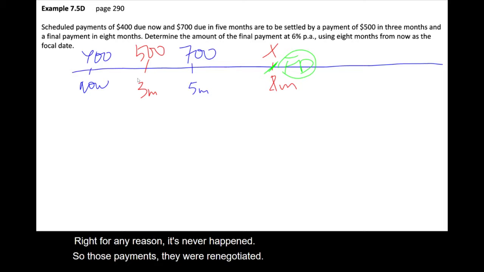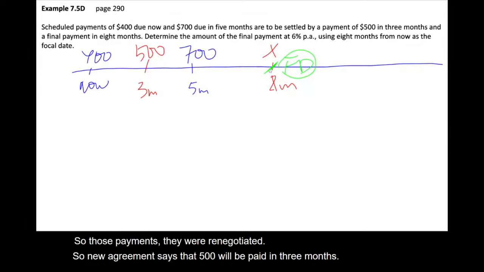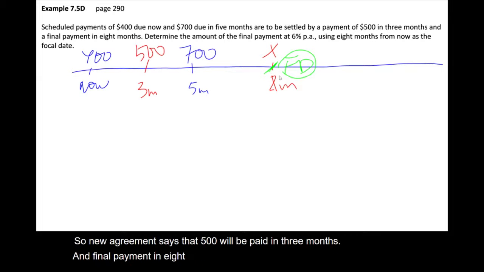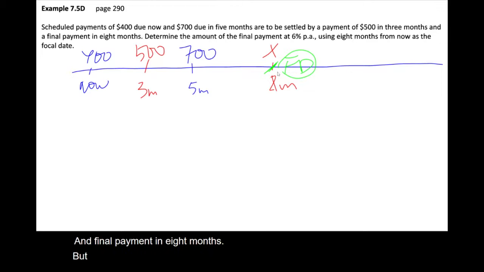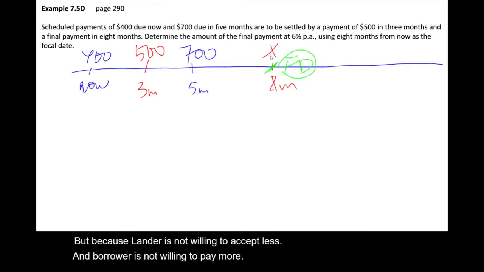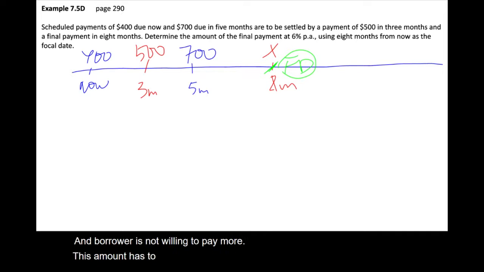The new agreement says that 500 will be paid in 3 months and the final payment in 8 months. But because the lender is not willing to accept less and the borrower is not willing to pay more, this amount has to be calculated properly.